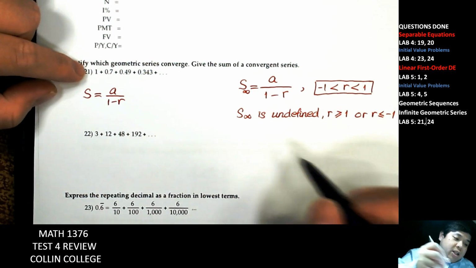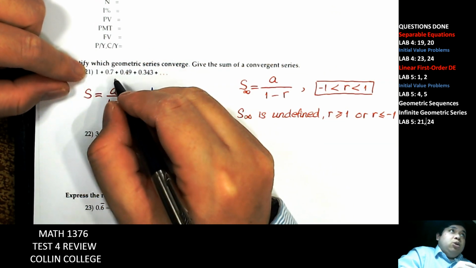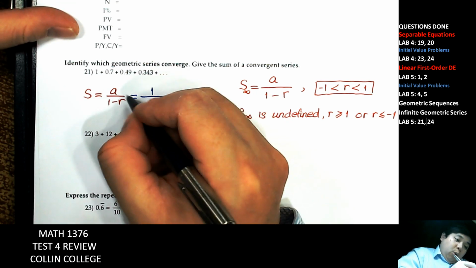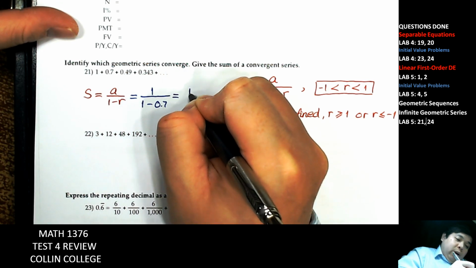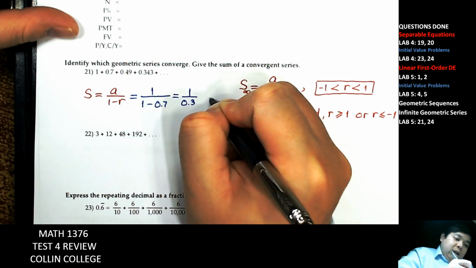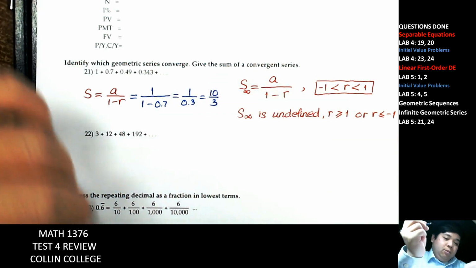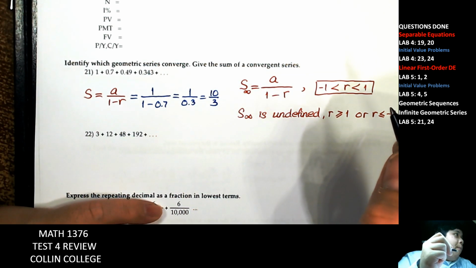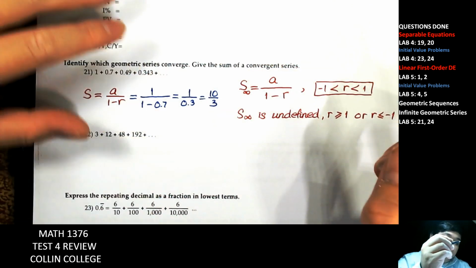So the first term in this case is 1. The ratio to get from the first to the next is 0.7. So we have 1 minus 0.7. We have 1 over 0.3, which is 10 over 3. That's straightforward. I just multiply 10 top and bottom to get rid of the decimal.